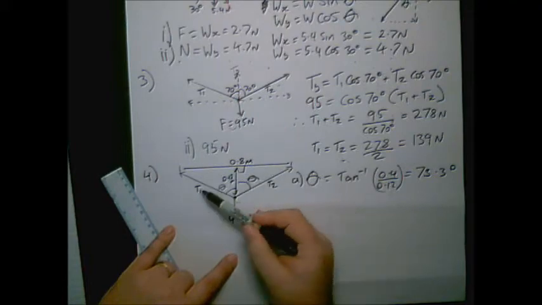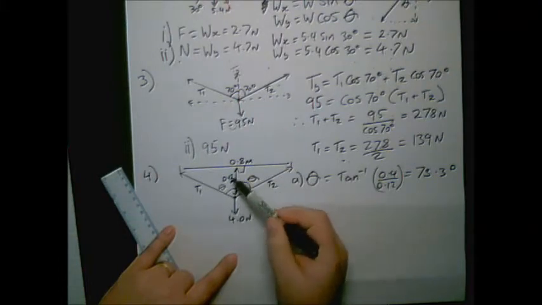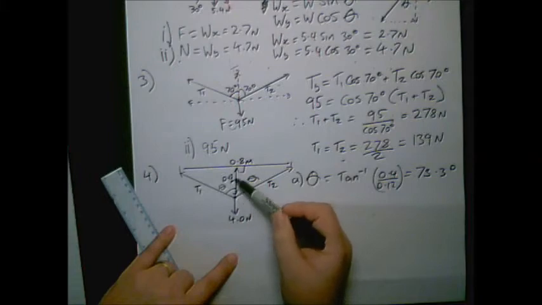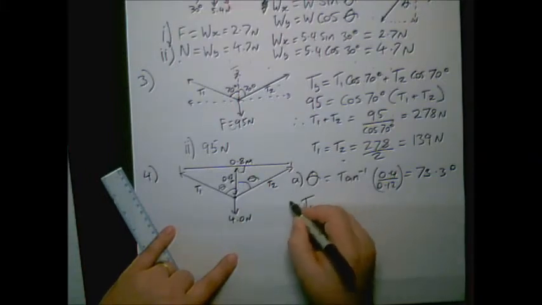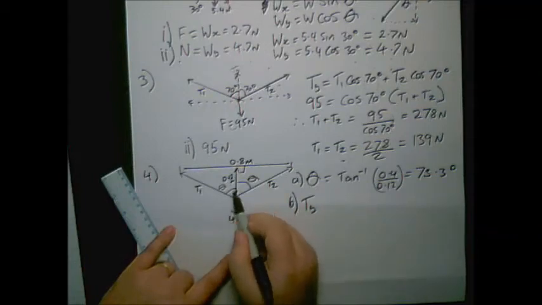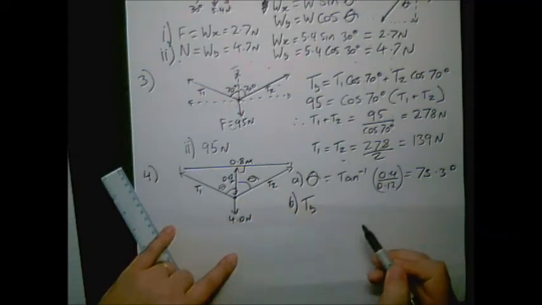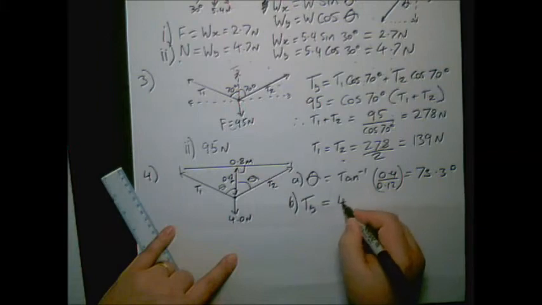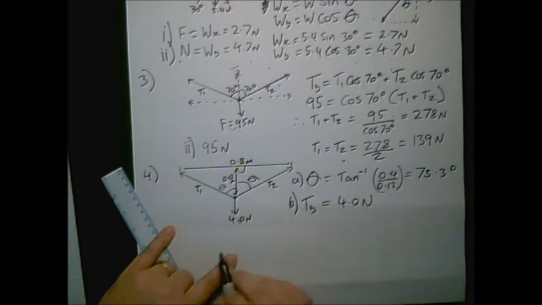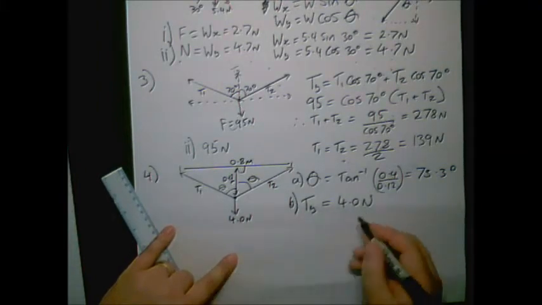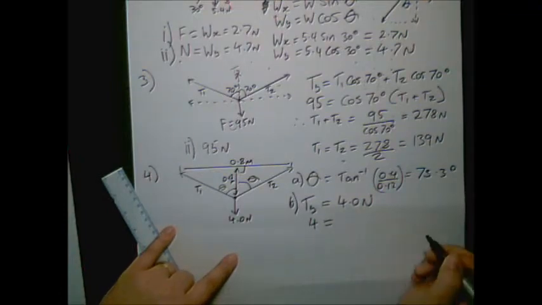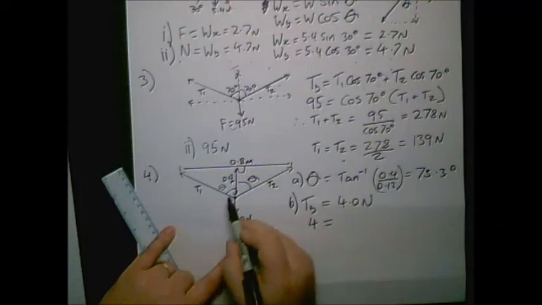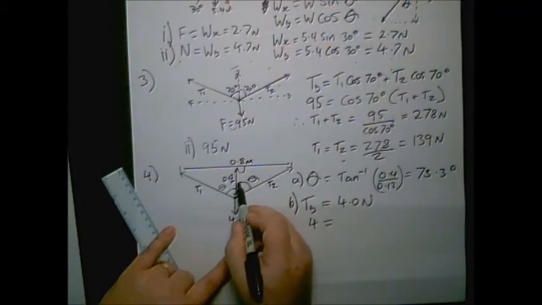So the vertical component of T1 and the vertical component of T2 will add together to give a force here, which we can call Ty, and that force Ty will be equal and opposite to 4 newtons, the weight, which we can therefore say that 4 newtons is equal to these two forces added together.